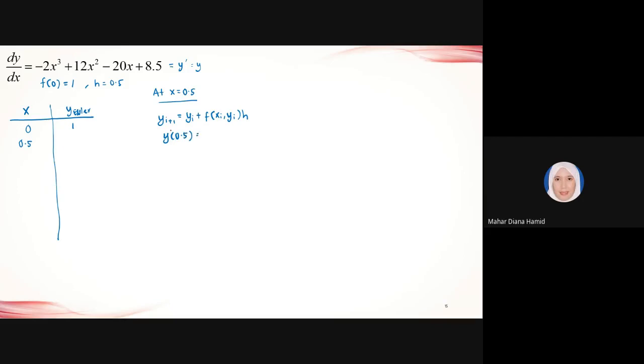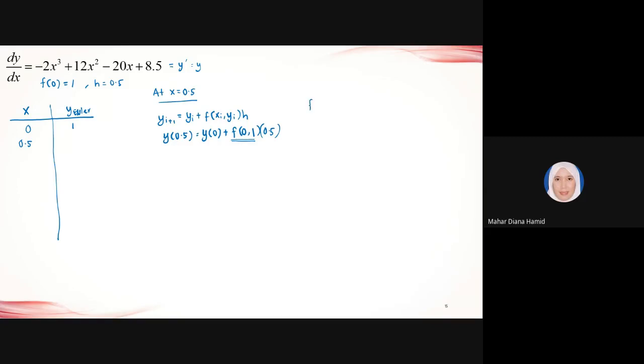Since we wanted to find the value of y at 0.5, the previous x value is 0, and at x equals 0, y equals 1, and h here is 0.5. So we need to find this.